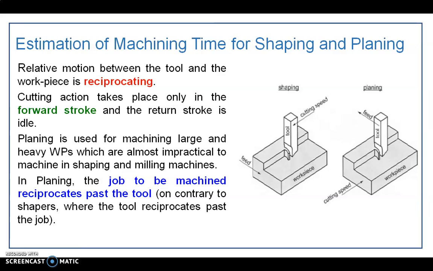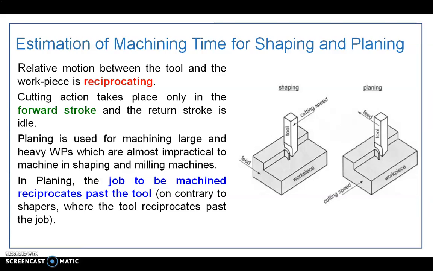So you can hold lightweight material, or not so heavy material, on a shaper table or milling machine table. You cannot hold a larger workpiece which weighs about hundreds of kilograms; that you can machine only in the planer.